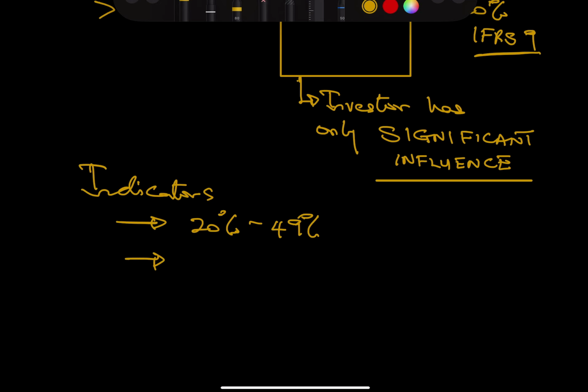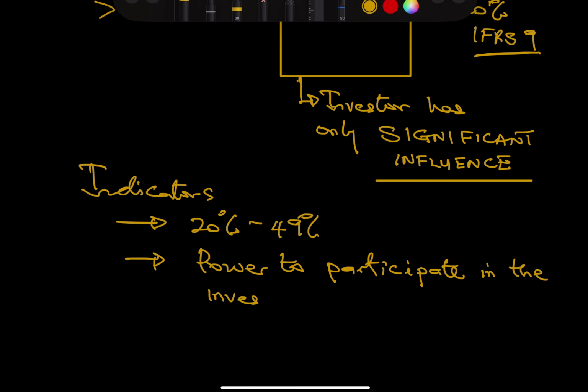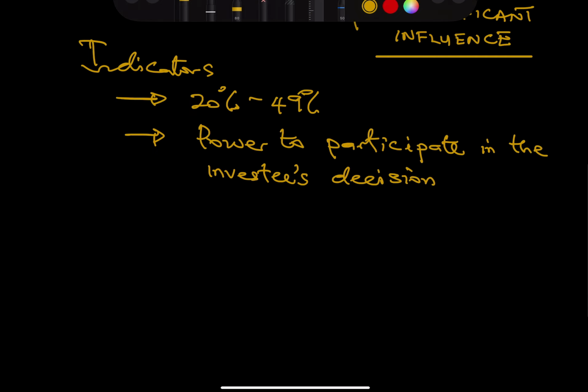And likewise, when the guy only has power to participate in the investee's decision making. So he cannot control the decision. He cannot make decisions. He can only participate in the investee's decision making. Then that is an associate.